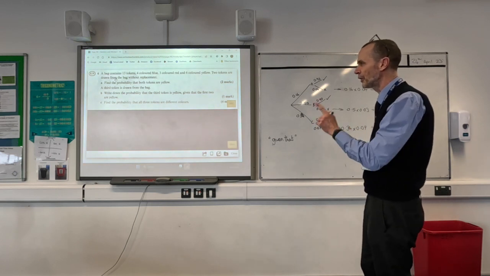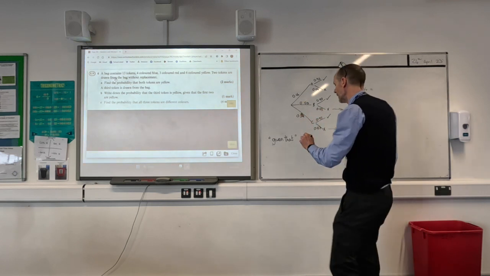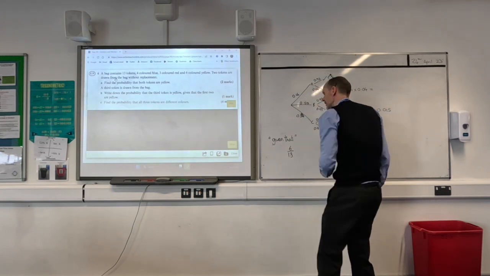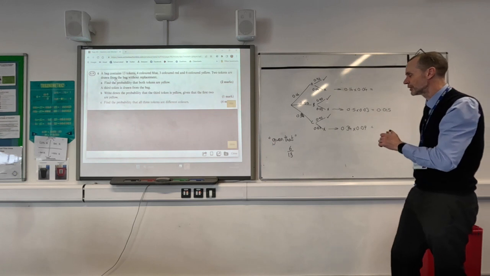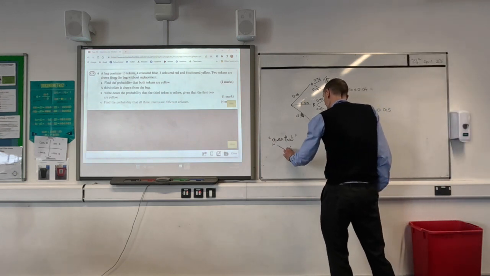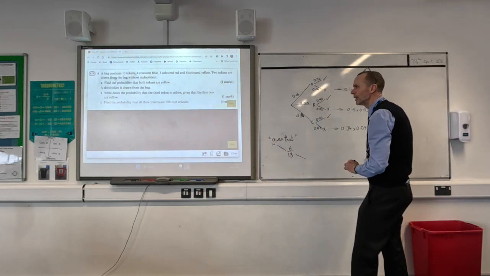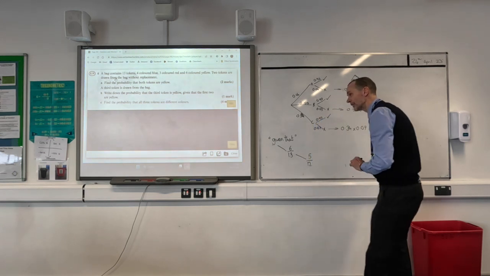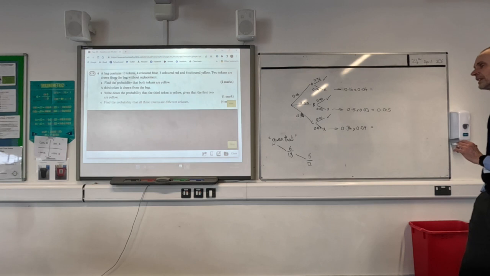So the probability that the first one is yellow is 6 out of 13, so that would be my first branch. And then the second yellow, well, if I've taken one out, there's only 12 left, and I've taken a yellow out, so there's only 5 of them left.